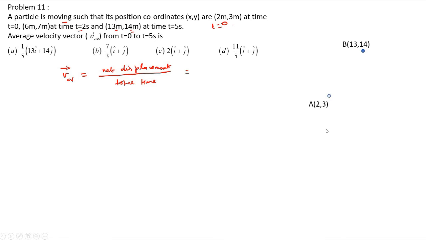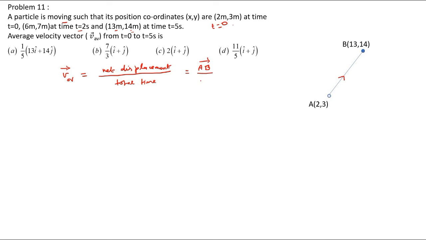Join AB, then the vector AB directed from A to B is displacement. It may have been traveling anyway, but initially it was here, now it is here at B. Therefore AB is the displacement vector, considering initial and final positions. So this net displacement will be nothing but AB.